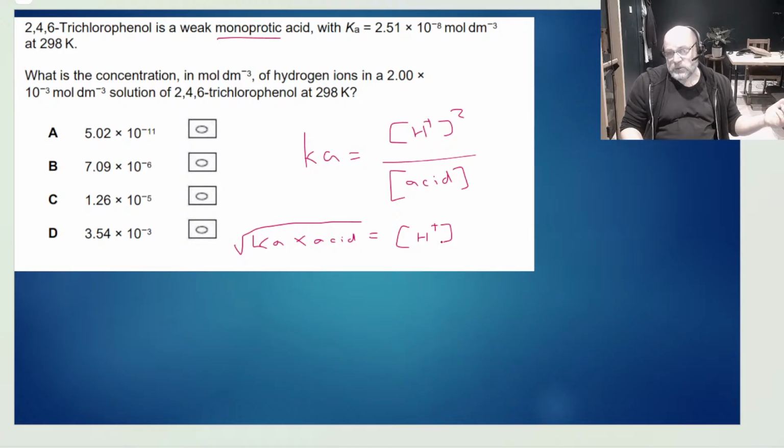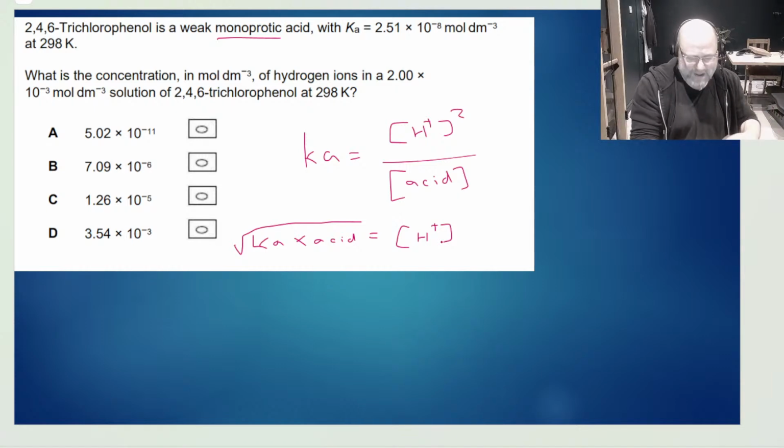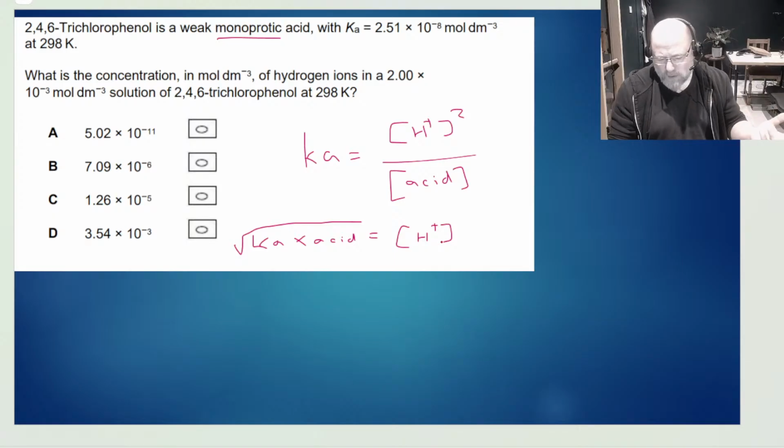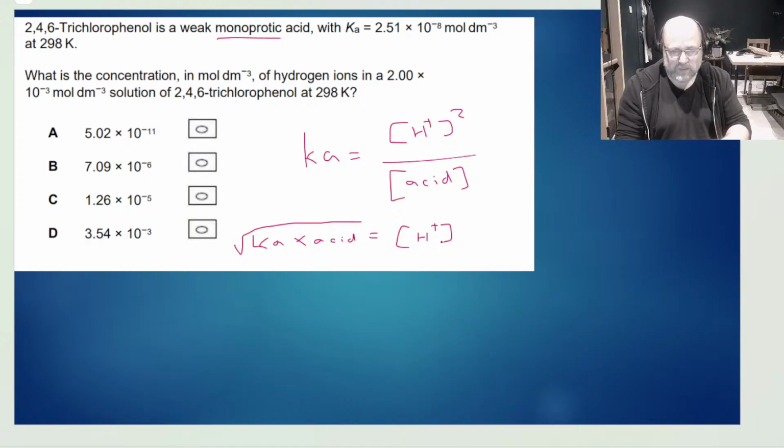So I want to do 2.51 times 10 to the minus 8, which is the acid dissociation constant, the Ka, and I want to times that by the concentration of the acid. Now it tells me the acid is monoprotic, so I can just write that concentration in. I don't need to do anything funky with that concentration, like multiply it. And I get 5.02 times 10 to the minus 11, which is A, but I haven't yet square rooted it. So you can see what they do, which is clever.